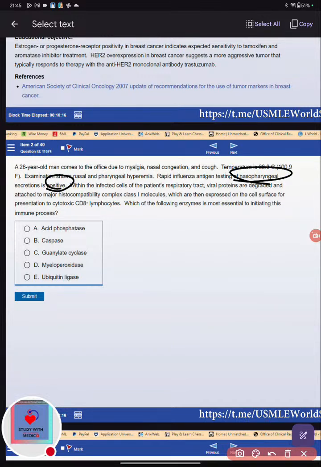Within the infected cells of a patient's respiratory tract, viral proteins are degraded and attached to major histocompatibility complex, MHC class 1 molecules, which are expressed on the cell surface for presentation to cytotoxic CD8 plus lymphocytes.